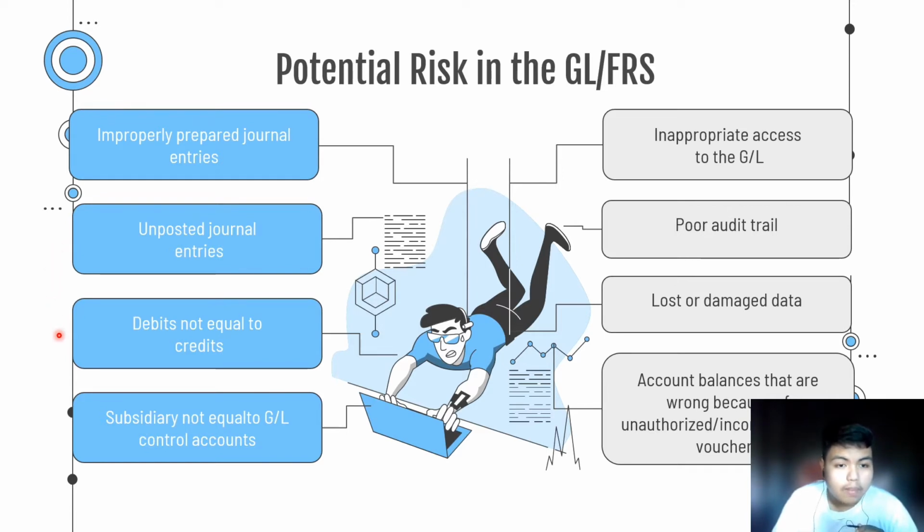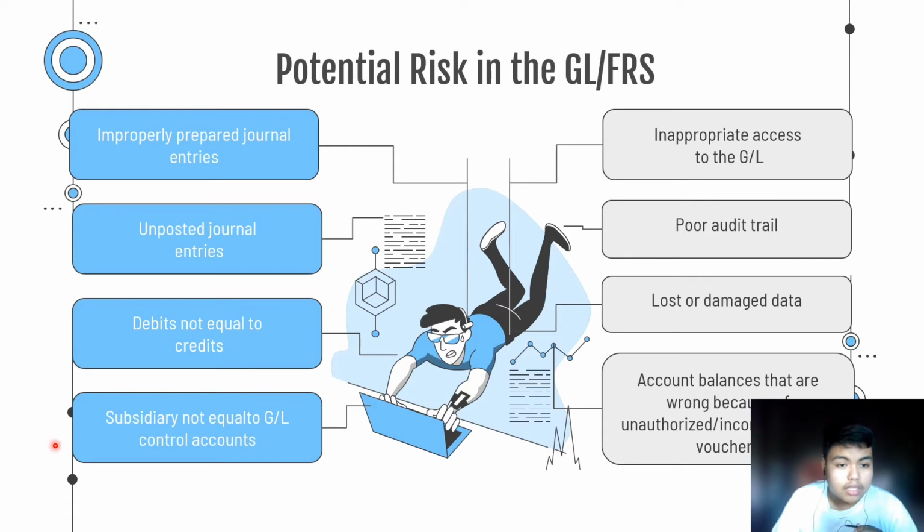Next one is debits not equal to credits. So, itong risk naman na to is sa mali yung pagpo-post natin ng amounts. Na mali ng amount or human error. So, isa din sa paraan para ma-counter to is to double check.